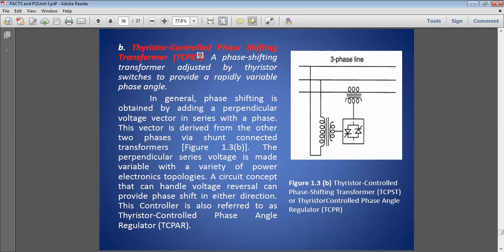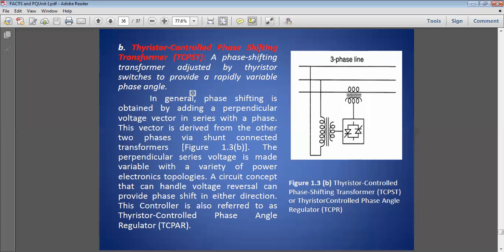Okay, so thyristor controlled phase shifting transformer. Here the phase shifting is done, and by phase shifting, definitely it can improve the power handling capacity of the transmission line. A phase shifting transformer adjusted by thyristor switch provides a rapid variable phase angle. With the help of this phase shifting transformer, it is possible to change the angle delta, isn't it?